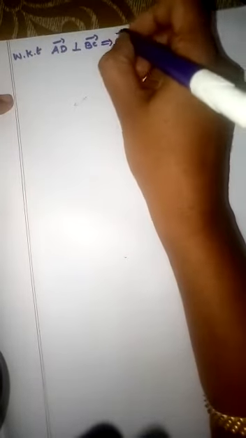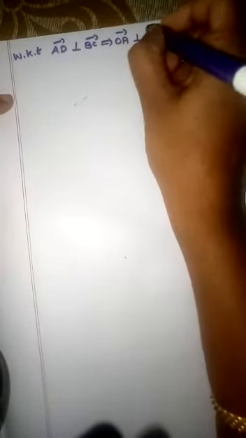We know that AD is perpendicular to BC since it is an altitude. So the AD vector is perpendicular to the BC vector. Listen, if AD is perpendicular to BC, then the OA vector, being a part of that, is also perpendicular to the BC vector.